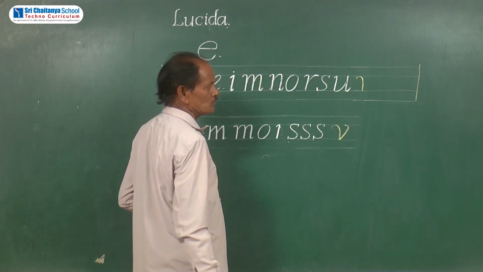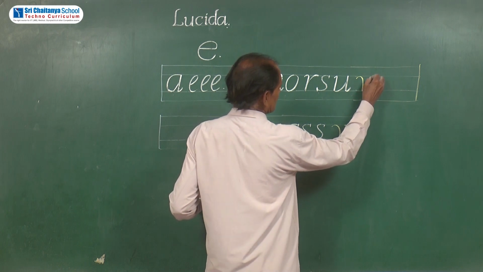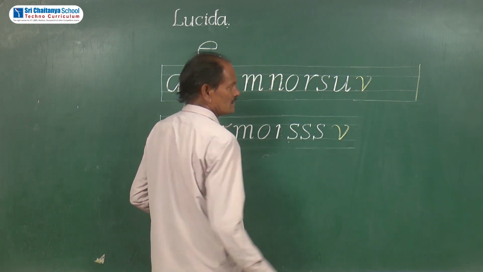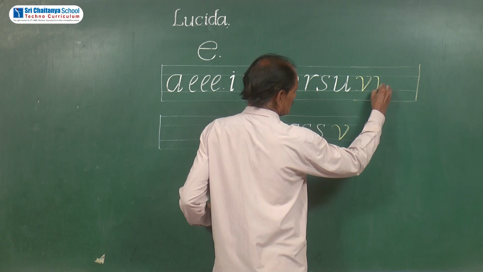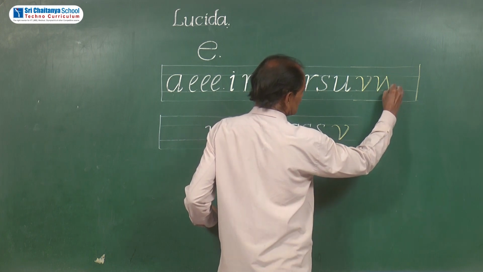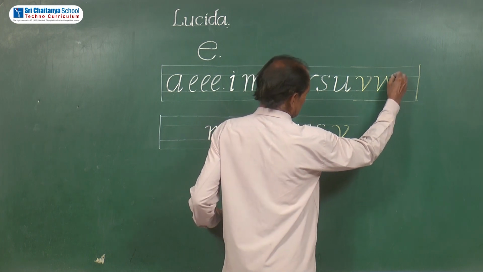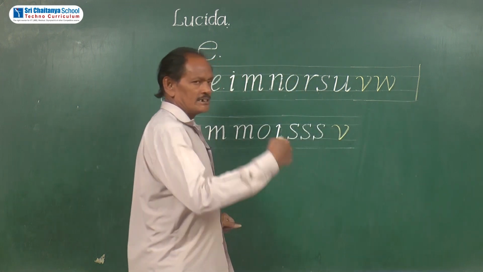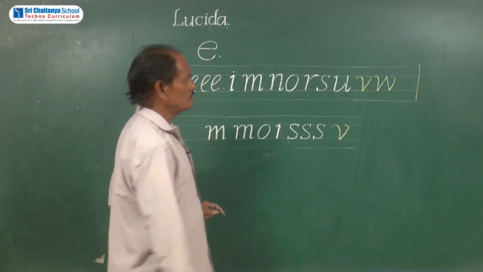Inside the letter we have to draw it. This one is the second stroke. W also, in the similar way, W also takes an inside turn in the large stroke.